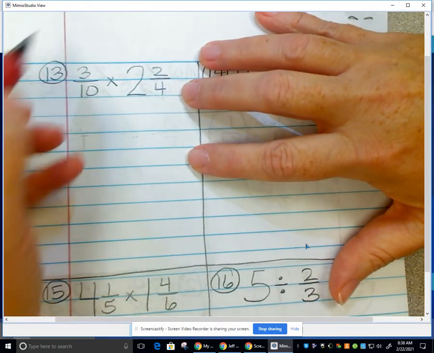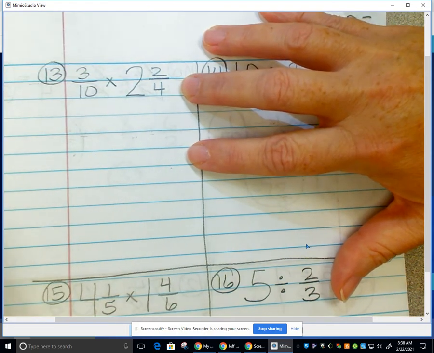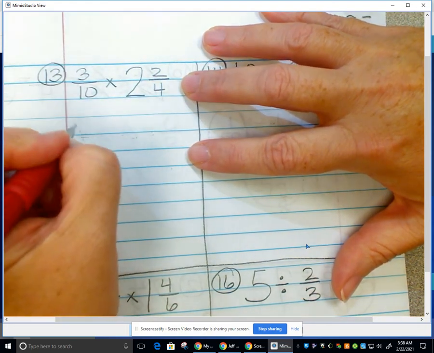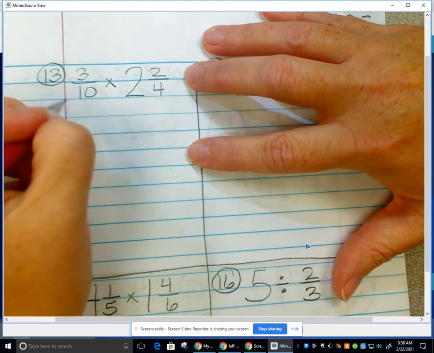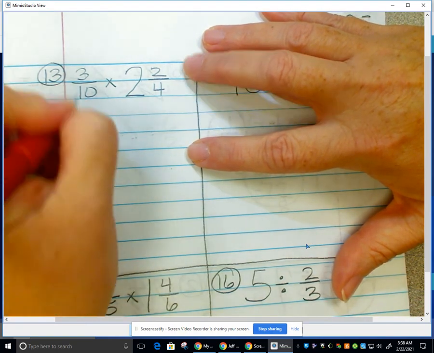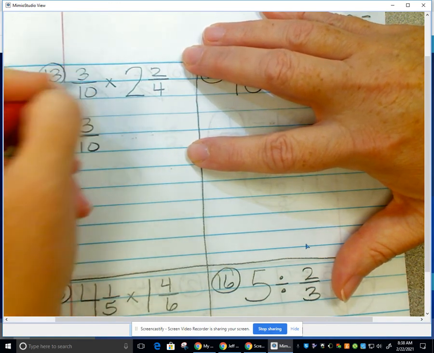Almost done. We've got 3/10 times 2 and 2/4. On 3/10, I'm going to keep my 3/10 because it's a proper fraction.